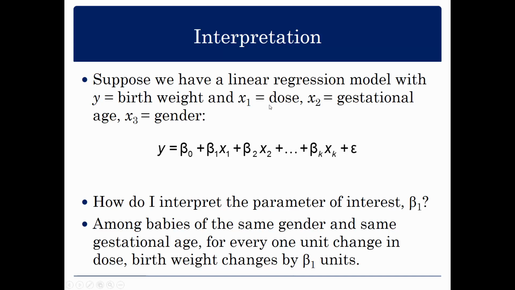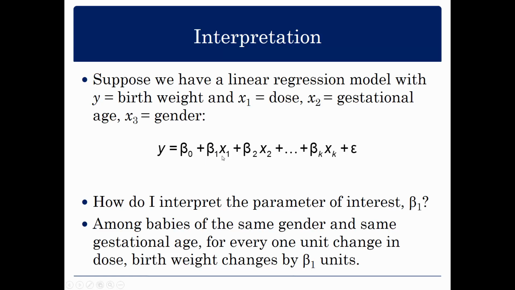I'm actually interested in the relationship between the dose of a supplement, which is x1, and birth weight, but I have to account for other things that impact birth weight, like gestational age, that's x2, and gender of the baby, that's x3.